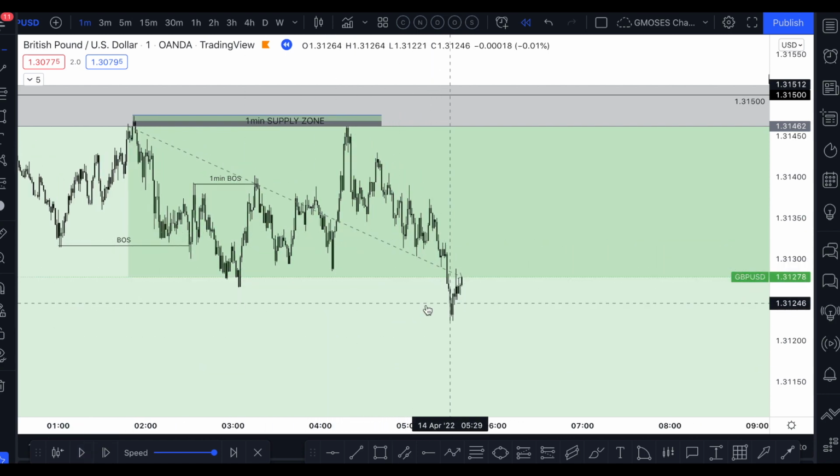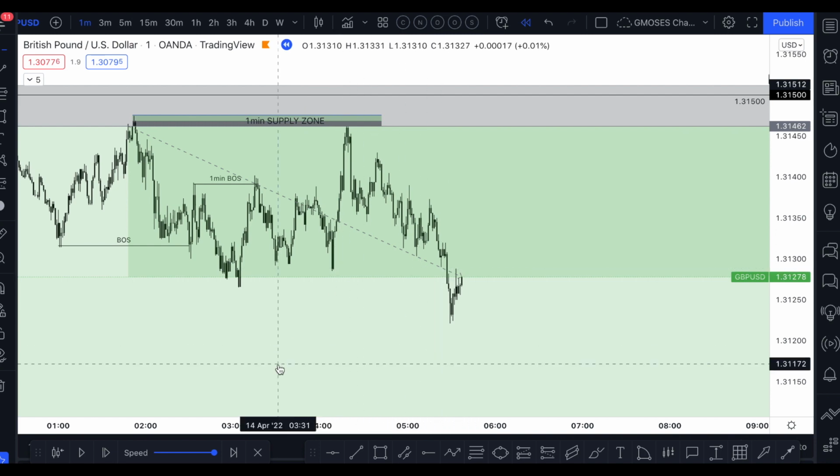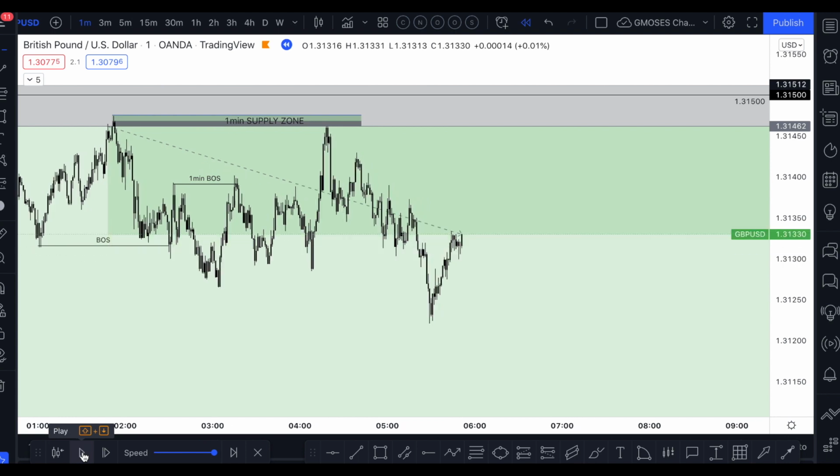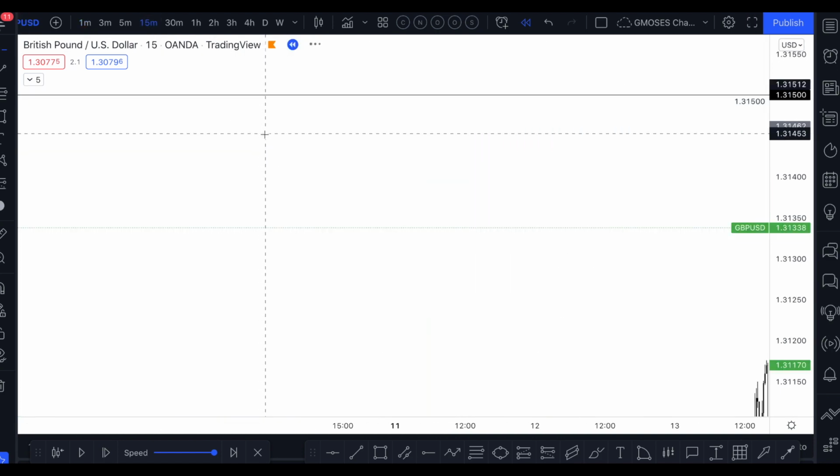So we can see price at a break of structure in this area here, because now we're continuing to the downside now. Price came back up to retest this area after the break of structure. Let's go to the 15-minute and look and see what's going on.